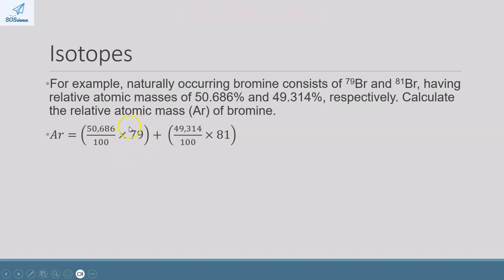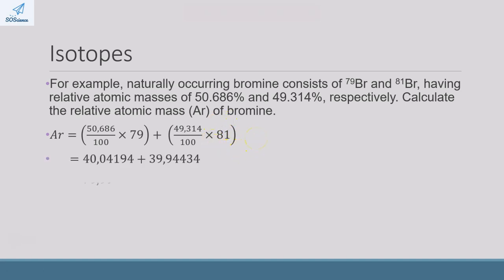Take into account that the number that we use here takes the entire atomic mass of the element. Over here, we're accounting for 49.314 divided by 100 of bromines with an atomic mass of 81.